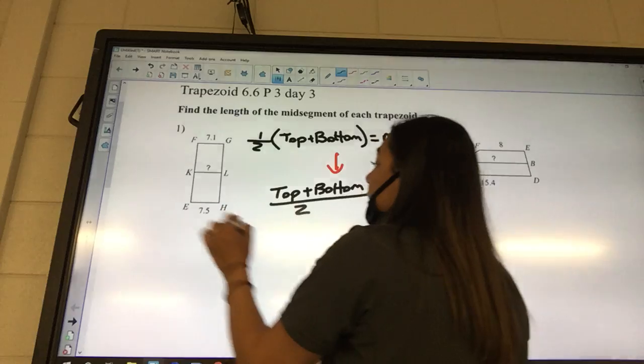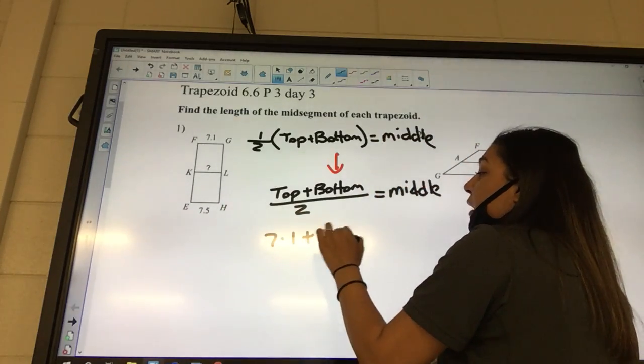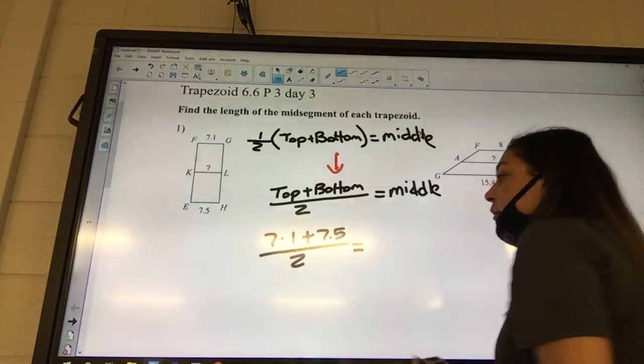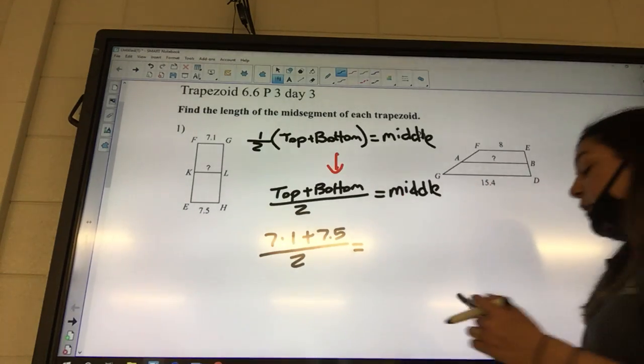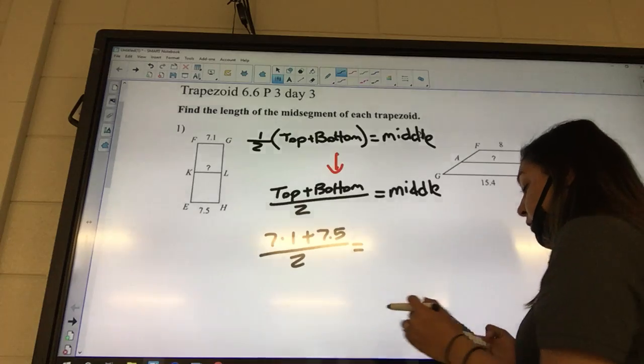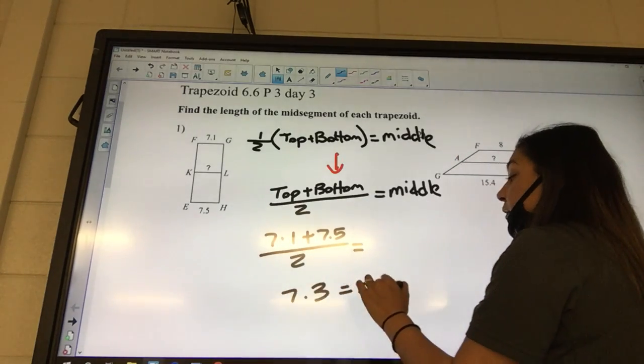So our top is 7.1 plus our bottom is 7.5, and we say divided by 2 is going to give us that middle. So you got 7.1 plus 7.5 divided by 2 is going to give you 7.3. That is the middle.